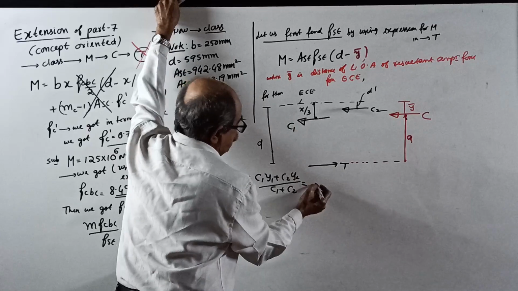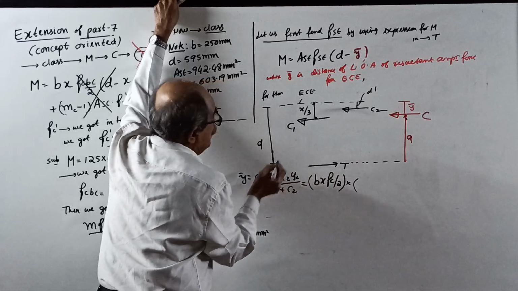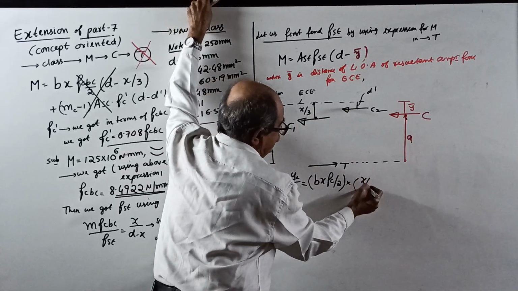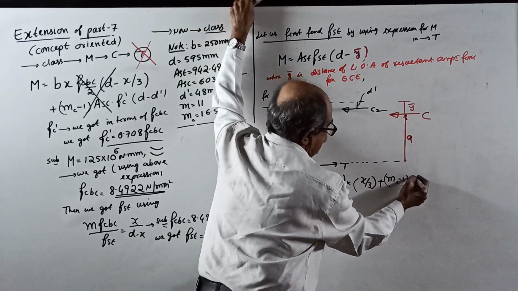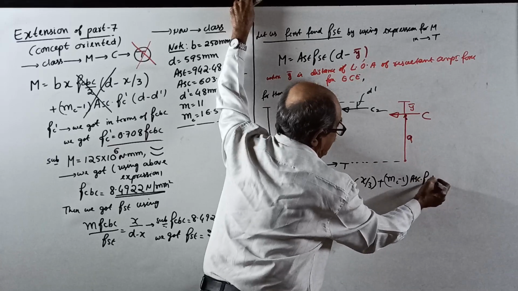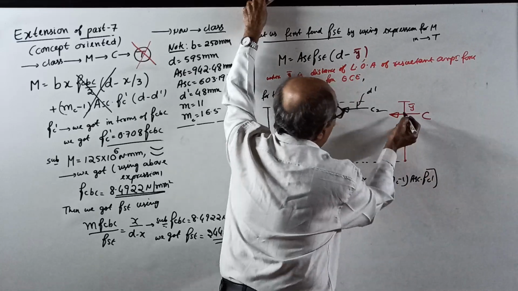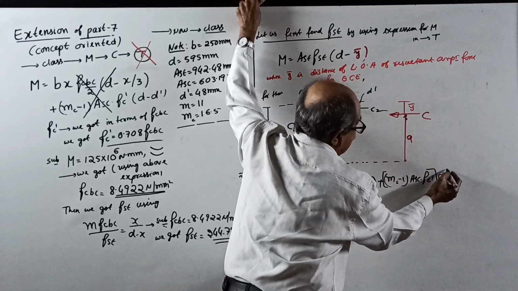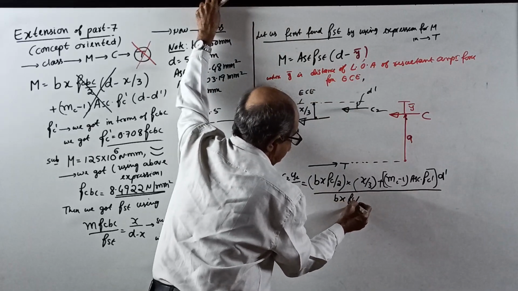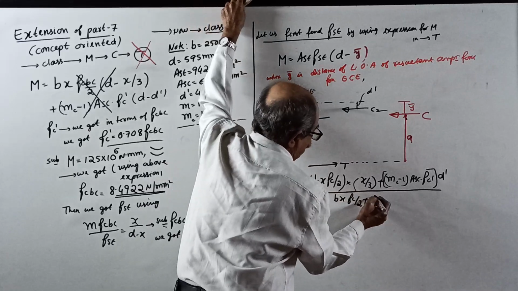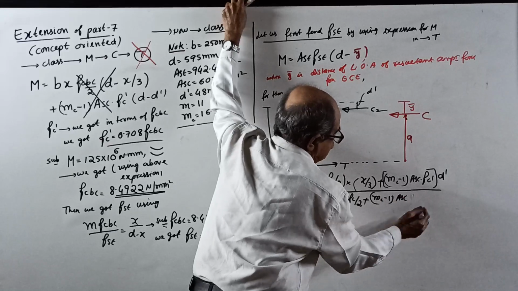C1, this compression force, is b x fc by 2 into y1, this distance, x by 3, plus C2, which is (mc minus 1) into Asc into fc dash, into y2, which is d dash, divided by b x fc by 2 plus C2, (mc minus 1) Asc into fc dash.